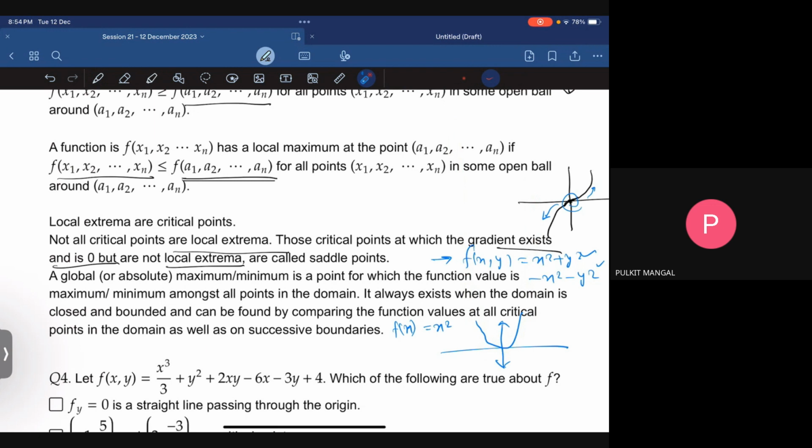But if I bound this function till here, let's say, and I only need to find the global maximum for this rectangular bound, then we can find that the global maximum is occurring at this point. So it always exists when I bound my function, but if I don't, then we cannot say that it always exists. Okay, got it?